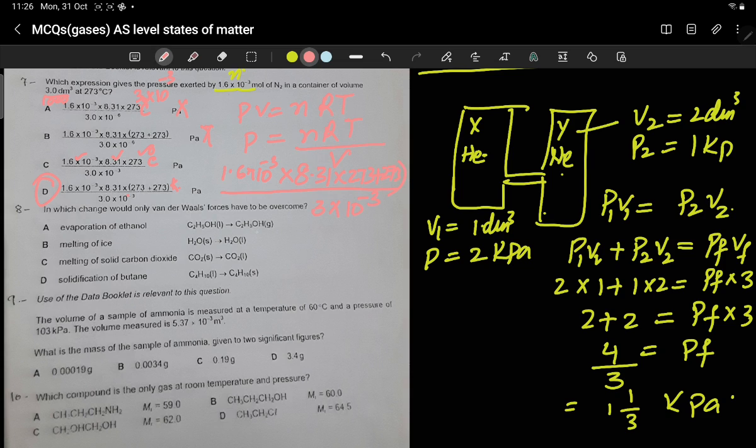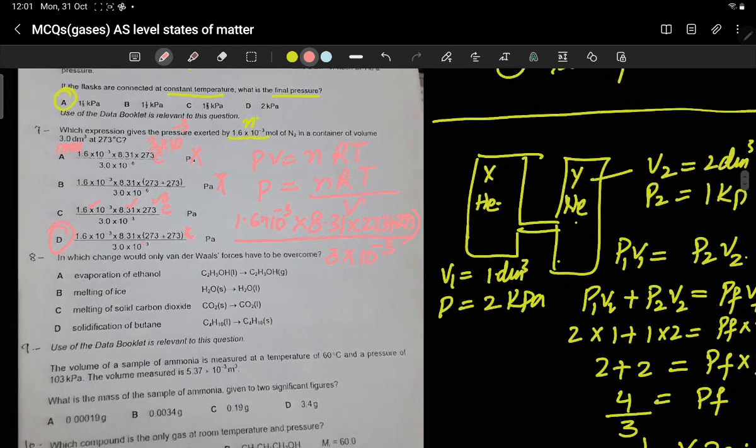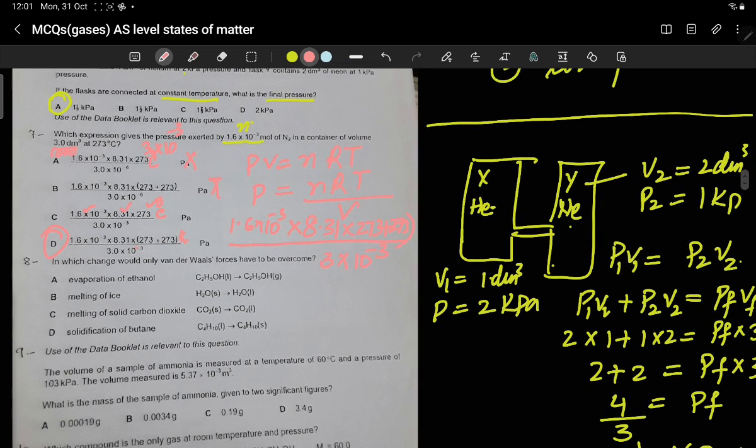The options are: C2H5OH liquid changing into the gaseous state, melting of ice, evaporation into the gaseous state, and solid carbon dioxide changing into liquid. So question number 8: in which change would only van der Waals forces have to be overcome?